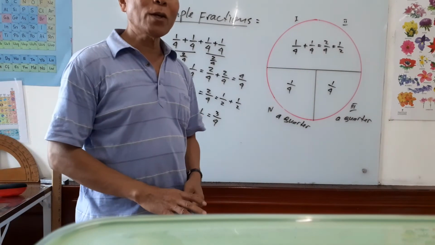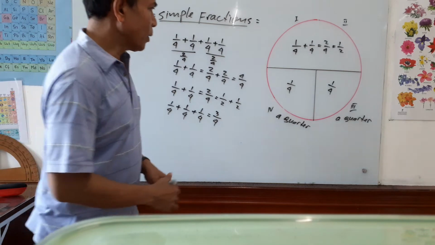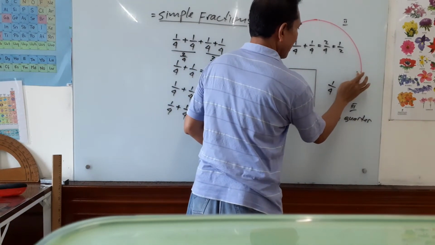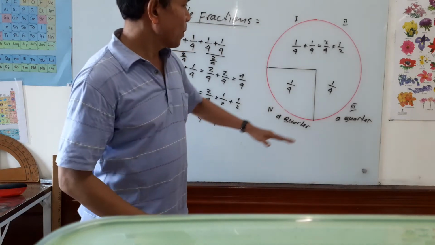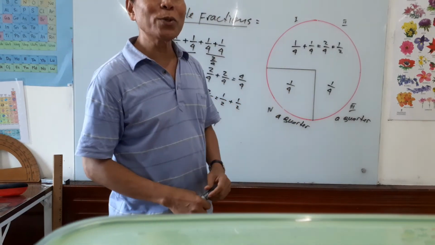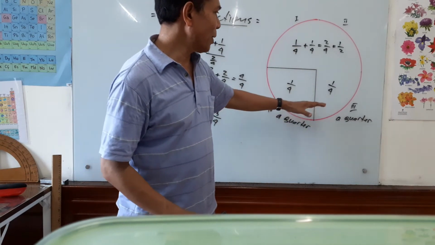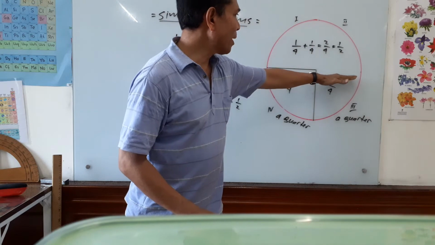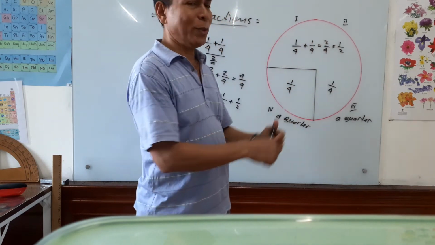Equals 3/4. So let's erase this. Now, this one stands alone. At the moment, he doesn't want to join the other three boys. So now we see here, one part here, one part here, one part here, put together.